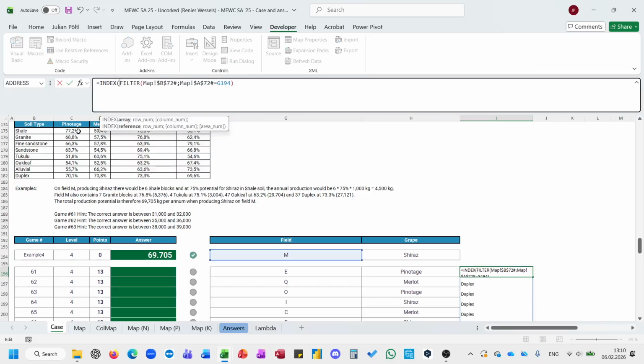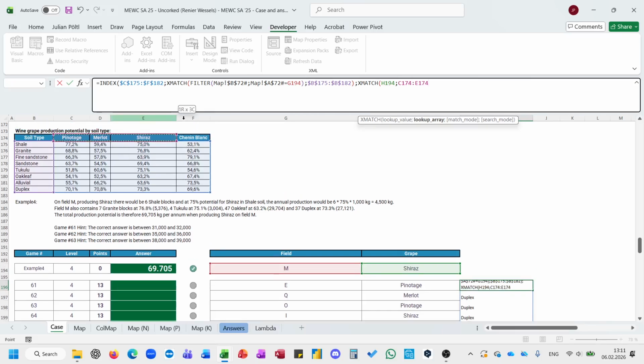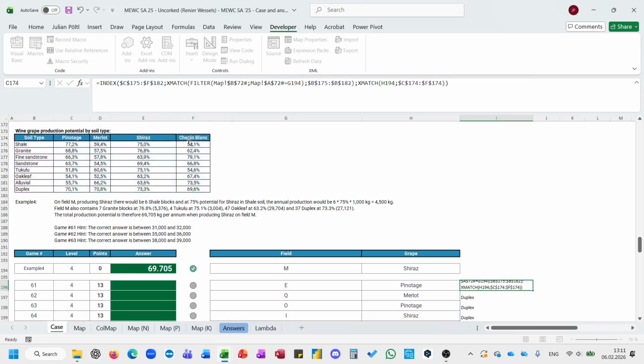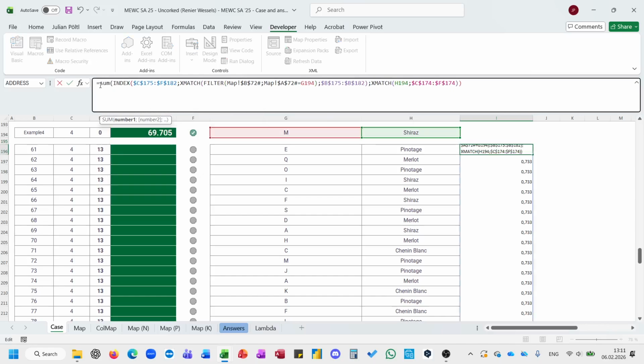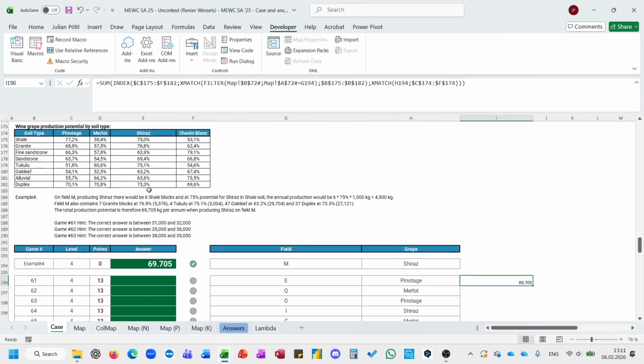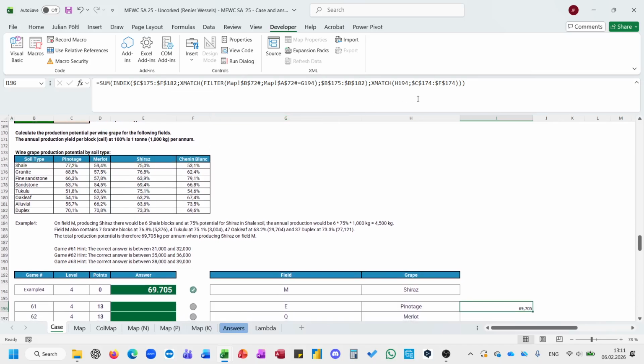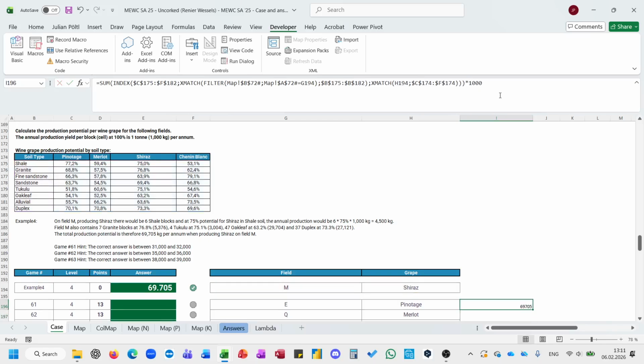So let's use INDEX of this, XMATCH of the filtered values in here, and XMATCH of the grape types in here, and we get some values that are adding up to this number if we multiply with 100 and 1000 and round.